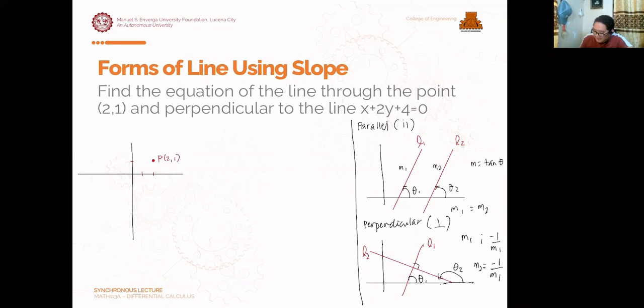Kailangan plot natin itong x + 2y + 4. Paano mag-plot ng line? Pwede kayo mag-assume ng value kapag line. Mag-assume ka lang ng mga values of x para makuha mo si value ng y. So, si x + 2y + 4 = 0, gagawin natin in terms ni y. Magiging 2y = -x - 4.